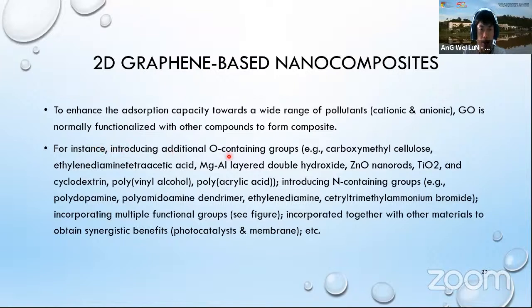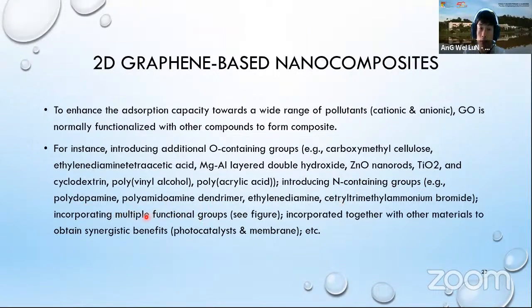For instance, there are a lot of strategies that can be used to functionalize the graphene-based materials. We can introduce the oxygen functional group, carboxymethyl cellulose. I think I'm not going to read through all. You have a lot of chemicals that can be used to functionalize it. Or you can introduce it with the nitrogen-containing groups such as polydopamine, dendrimer, and so on.